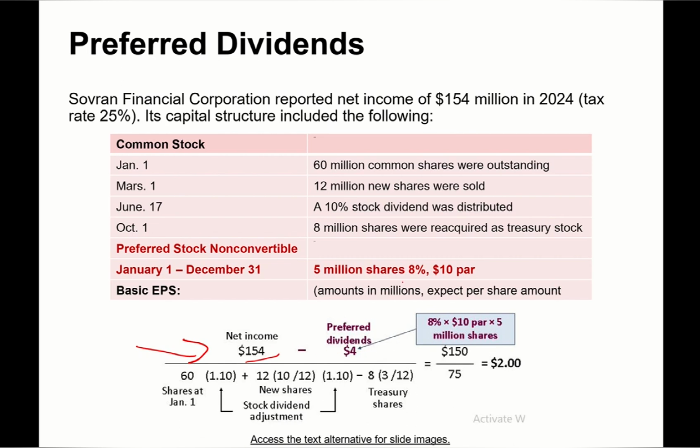How do we calculate that? 8% times $10 par value times 5 million shares. So the preferred dividends will reduce the numerator by 4 million. So the new earnings per share will be $2.